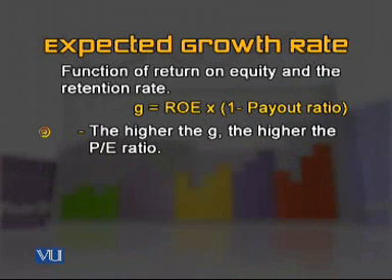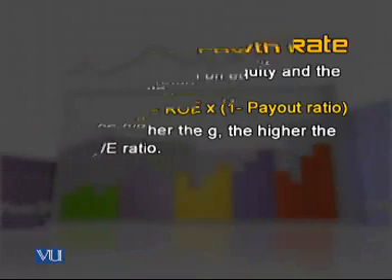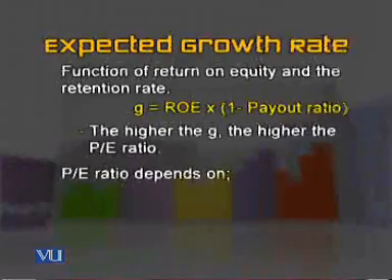The higher the growth rate, the higher the price earning ratio. Naturally, since price earning ratios depict the future potential of the company to earn, the expected growth rate would be expected to be higher in relation to a higher price earning ratio as well.